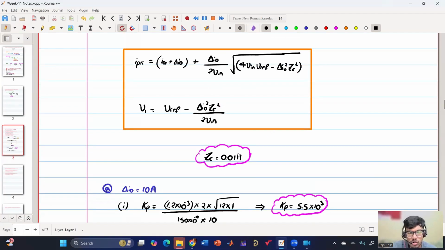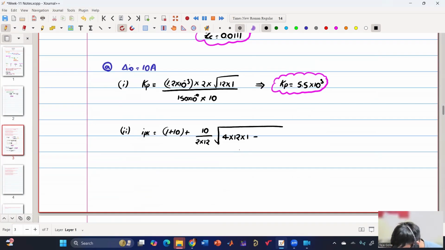ZC square is 0.0111 and delta I naught square is 100. This is the expression that we'll be getting. Let me solve it: 1 plus 10 plus 10 by 24 into square root of 48 minus 100 into 0.011 square. So we're getting 13.88 amperes.